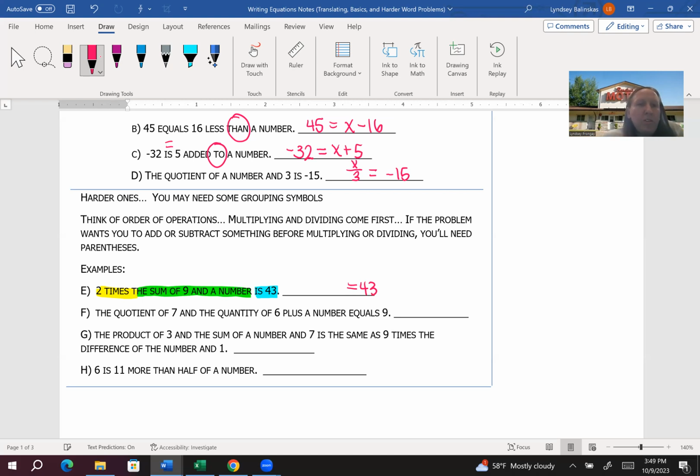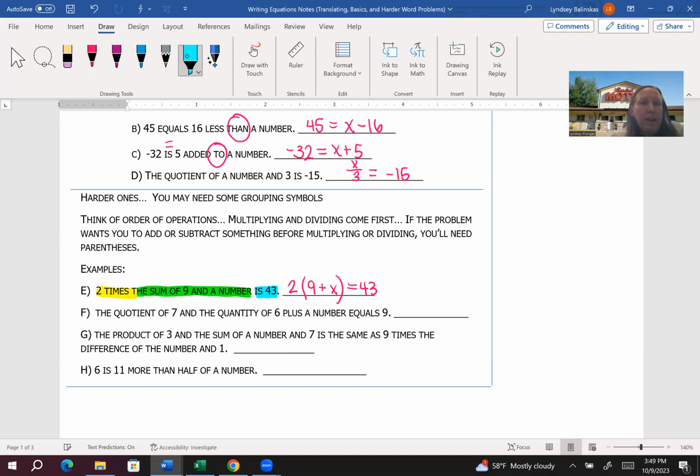But we are doing 2 times, and we want to do the sum of that 9 and number first. So that is when we're going to have to throw that 9 plus x in parentheses to show we're doing that sum. And now we can put a times 2 out front, to show 2 times that sum that we already put in parentheses.